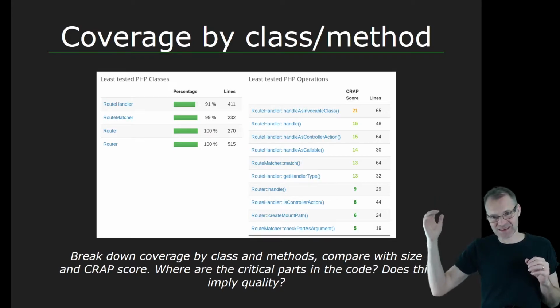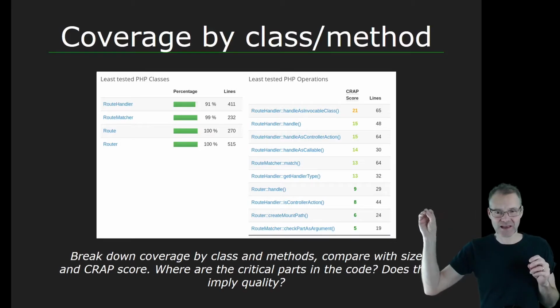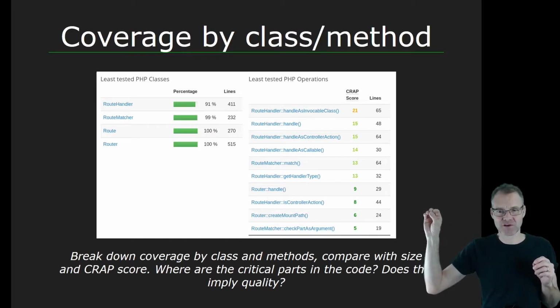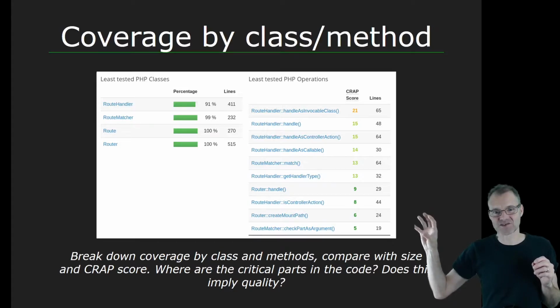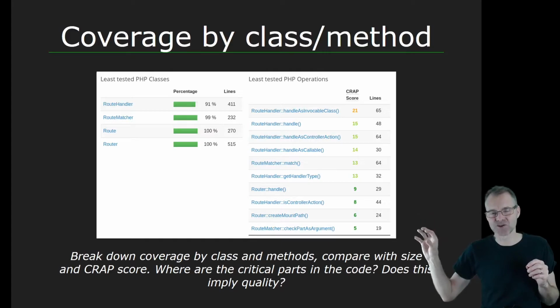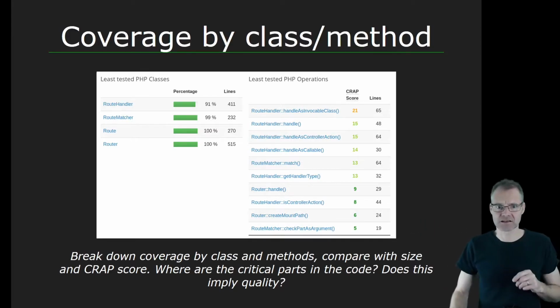Giving this sort of rating, we can see that the crap score might be bad, and the number of lines we are talking about in this method is 65. Okay, I can relate to that: 65 lines is a lot of lines, and a high crap score. We must see what the crap score is. Let's get back to that.